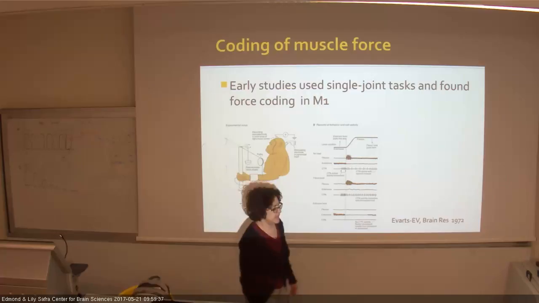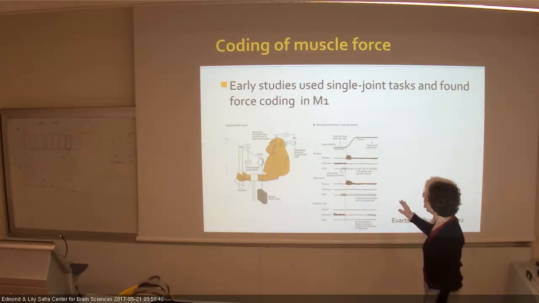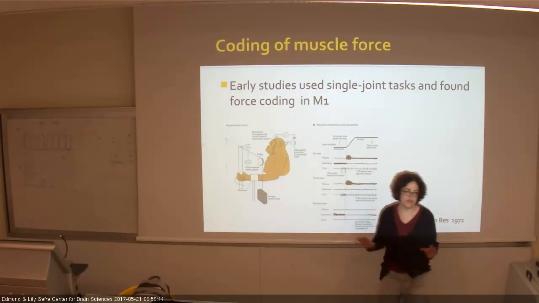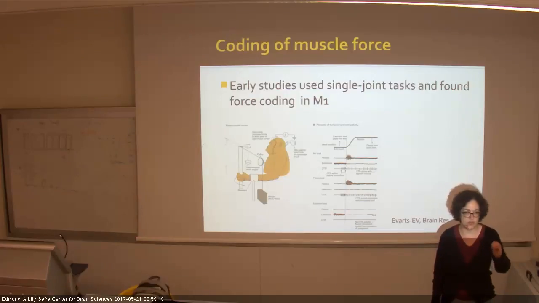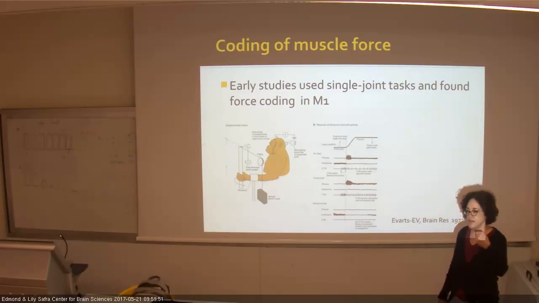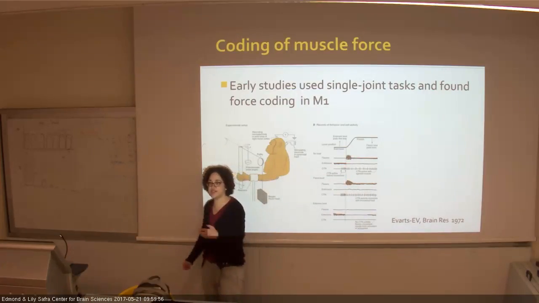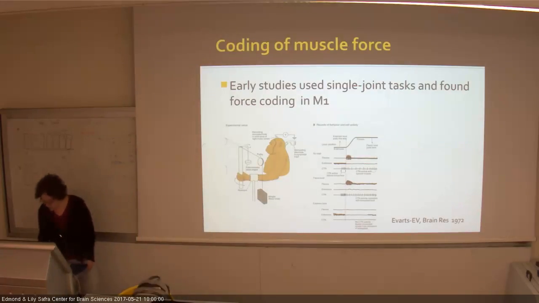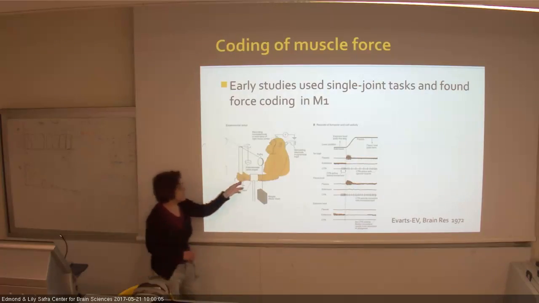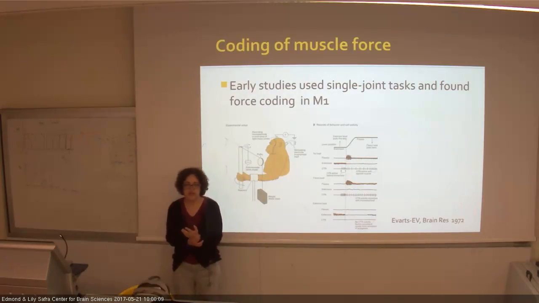So the concept, the conclusion that was derived from these studies, this set of studies, was that the activity of motor cortical cells actually controls single muscles, or they code force level, not at single muscles, but at a synergist level. This may also be related to the fact that the task was designed as a single joint task, and it's very difficult.